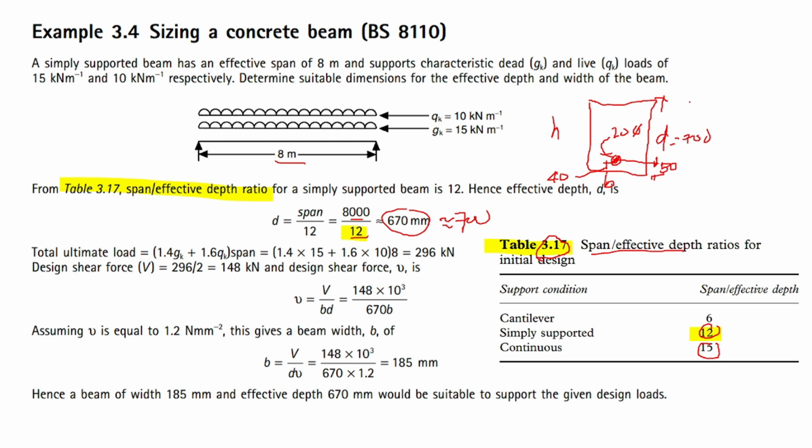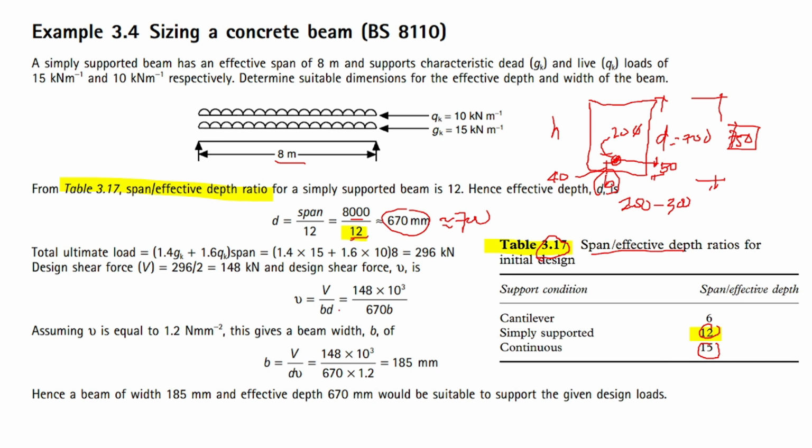So the total depth, the total height of your beam, has to be 750. This is just an example. For your b, you can assume 200, just like the thickness of the wall, or better to use 250 to 300.